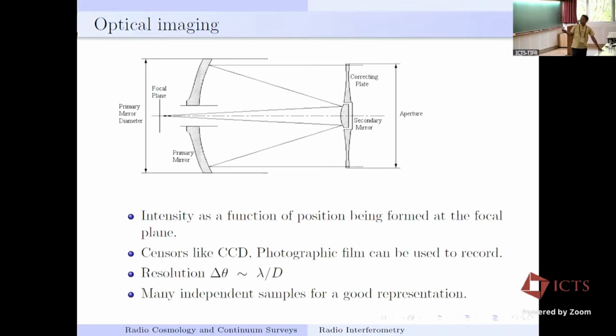These parallel rays hit this parabolic mirror, go back and try to meet at the focus, but if you have a secondary, they will meet over here. So this point source is being reproduced over here. This will be an image of the point source which is sitting at infinity somewhere.